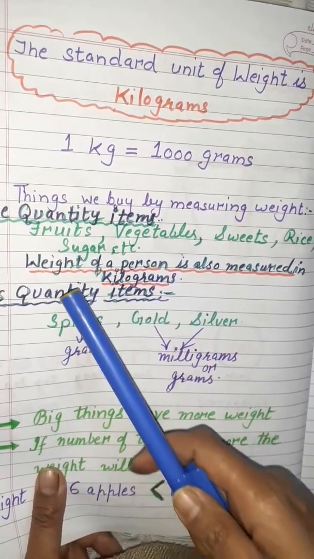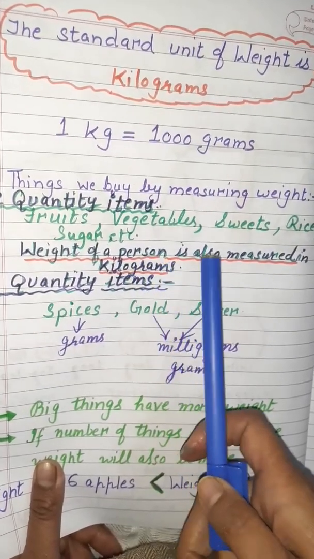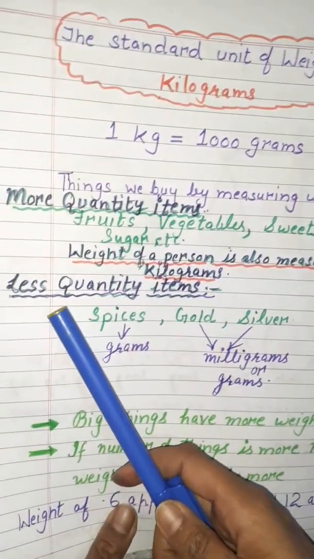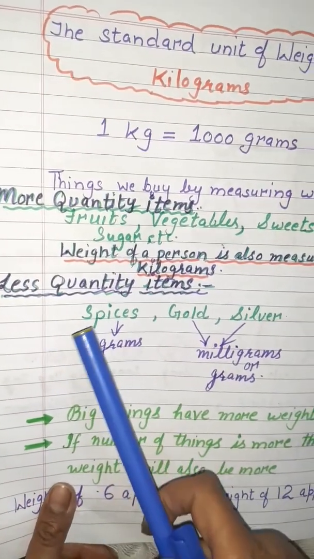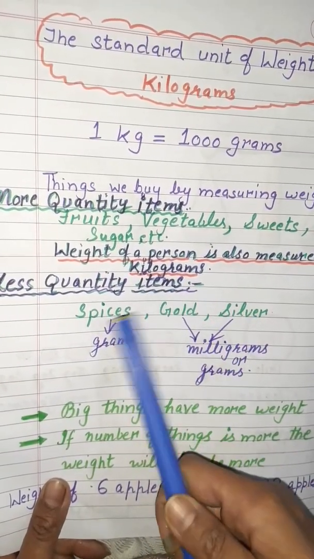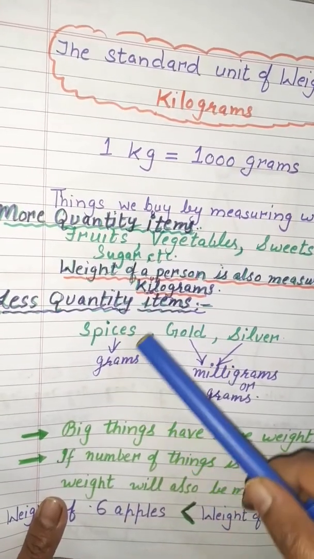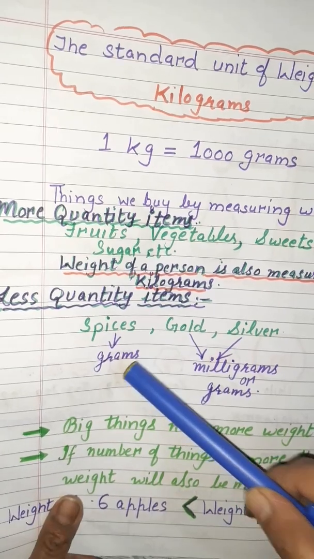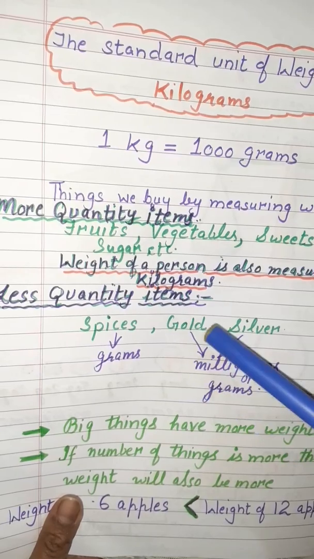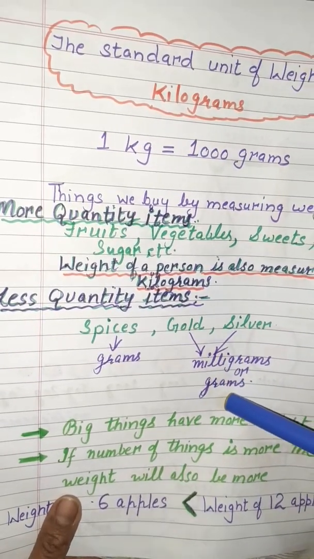Now, the weight of a person is also measured in kilograms. There are a few items which we buy in less quantity, like spices, gold and silver. Spices we buy from the market in grams. And gold is used in ornaments, so the quantity of gold could be in milligrams or in grams.